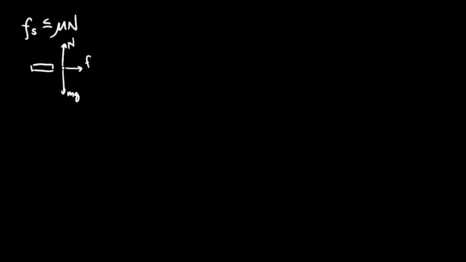The maximum available friction would be from mu mg. Mass is 10 grams, not 10 kilograms, which is why your answer of 40 newtons is wrong. It's 0.4 times 0.01 times 10, or 0.04 newtons. That's the maximum available frictional force. You'll need that for question D.